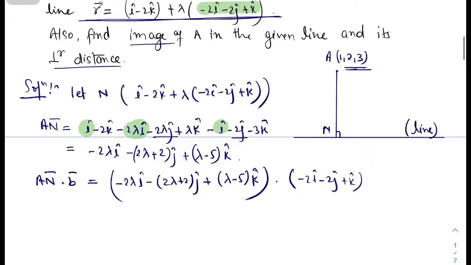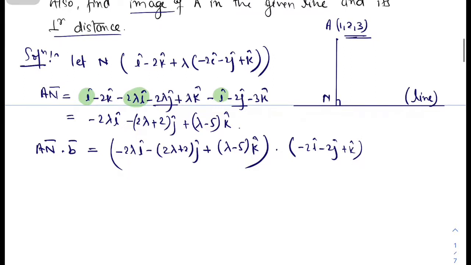This dot product is 0, so it will be minus 2 into minus 2 lambda, that is 4 lambda, minus 2 into minus (2 lambda plus 2), so minus minus will be plus, 4 lambda plus 4, and the k component will give us lambda minus 5, equal to 0.